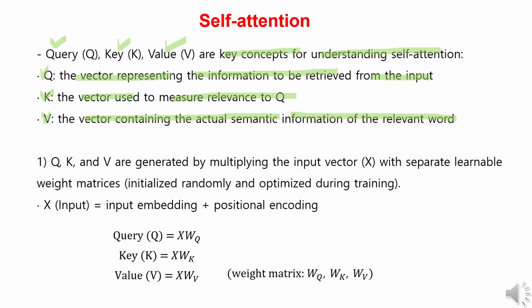These Q, K, and V vectors are derived from the input vector X, which is the sum of the input embedding and positional encoding. More specifically, the input vector X is multiplied by different trainable weight matrices to produce Q, K, and V, respectively. It's worth noting that these weight matrices are randomly initialized at the beginning and are updated to optimal values during training.